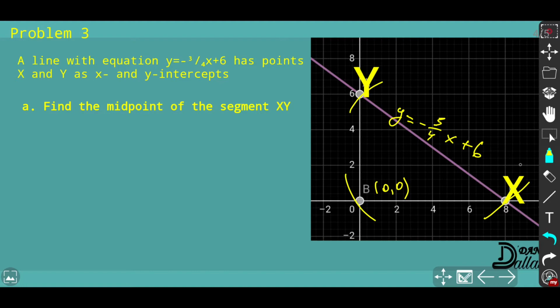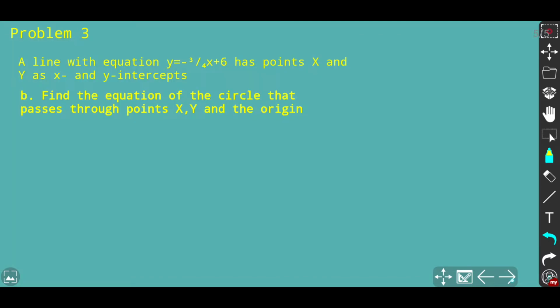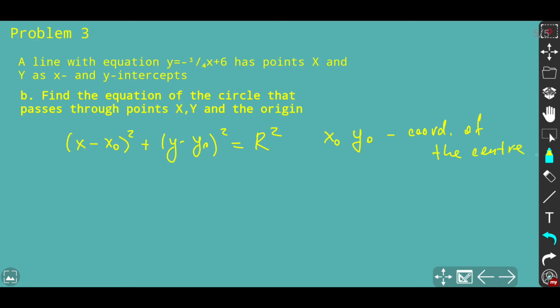The problem is that we need to define where the center of the circle is, because the general equation of the circle is as follows: (x - x0)² + (y - y0)² equals the radius squared. So our target parameters are x0, y0, the coordinates of the center of the circle, and the third parameter is the radius.